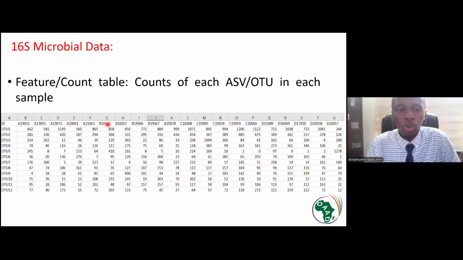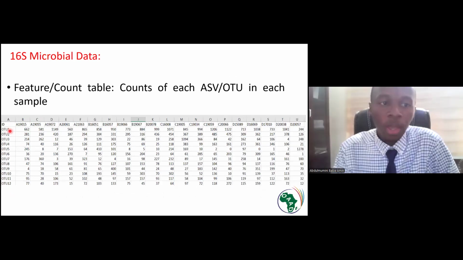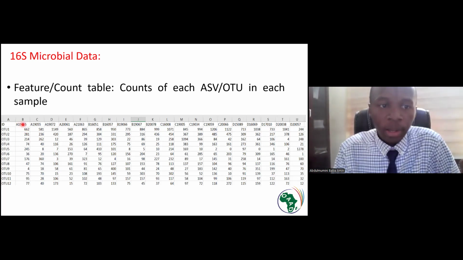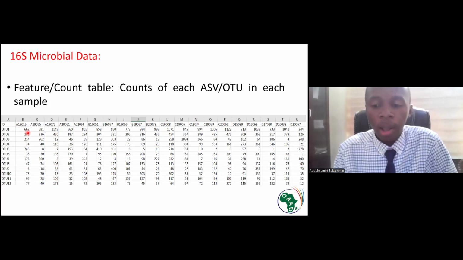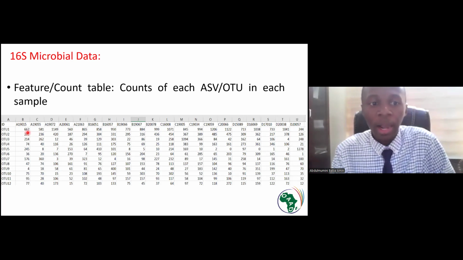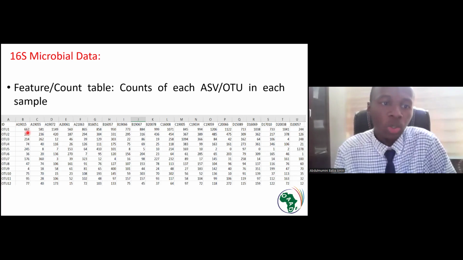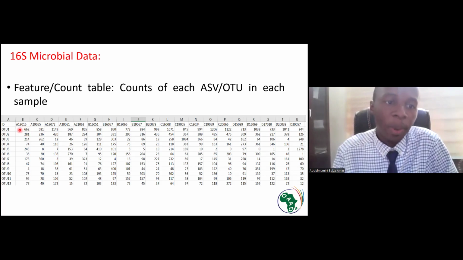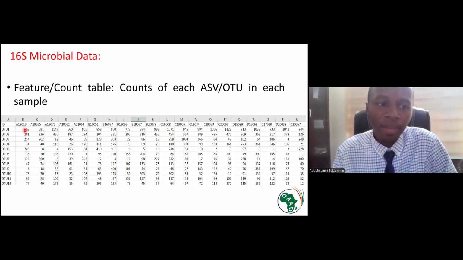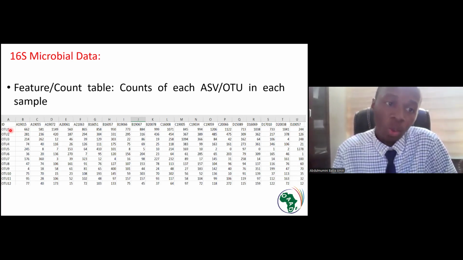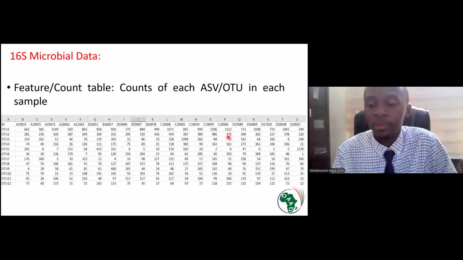These are the replicates and these are the counts. As I said earlier, OTU1, in this particular replicate, has about 662 bacterial taxa matched to this OTU1. So these ones are 97% similar to OTU1. This is what OTU means.